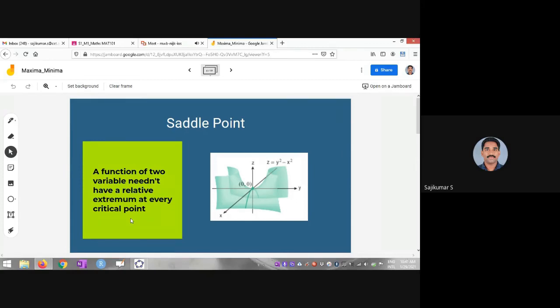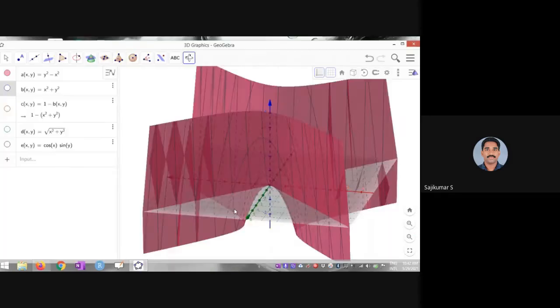All critical points do not give a relative maximum or a relative minimum. Why? See the function z is equal to y square minus x square.